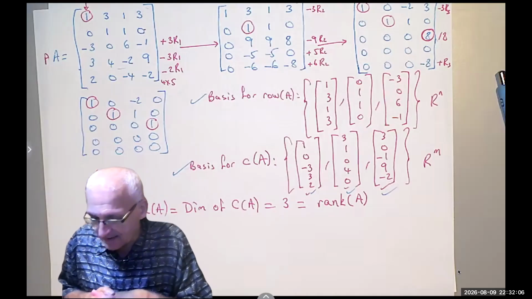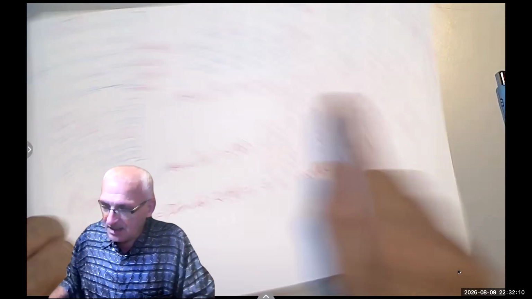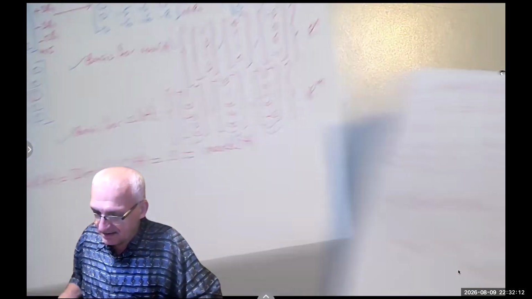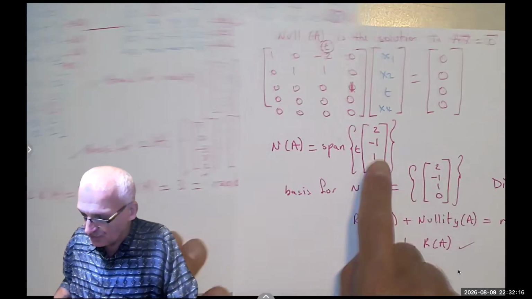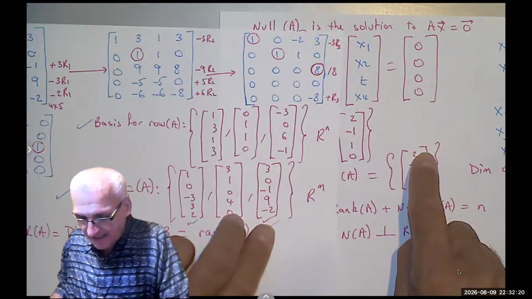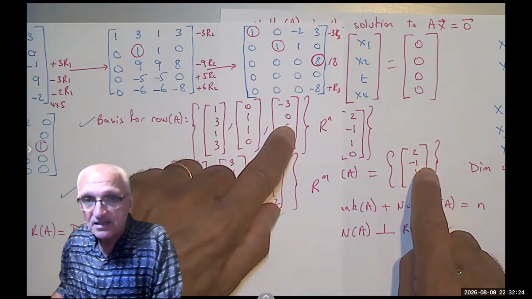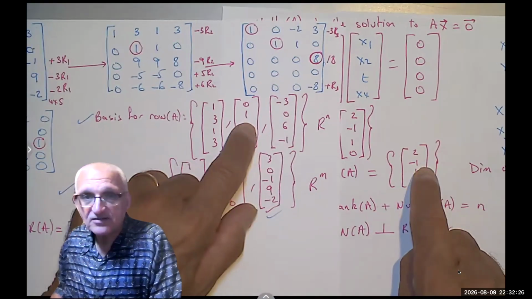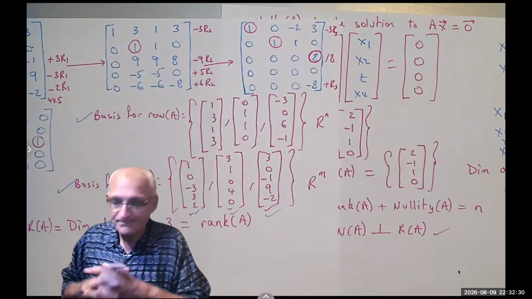We also said that the row space of A is perpendicular to the null space of A. So if this is the basis for the null of A, and these are the rows, the dot product of these vectors will always give you 0, meaning they are perpendicular.